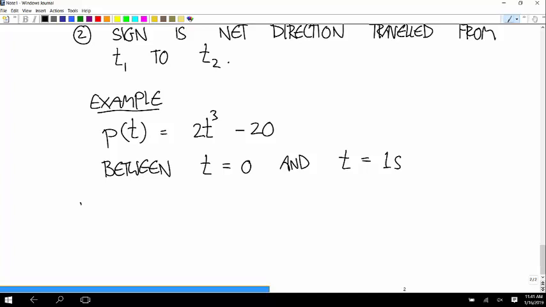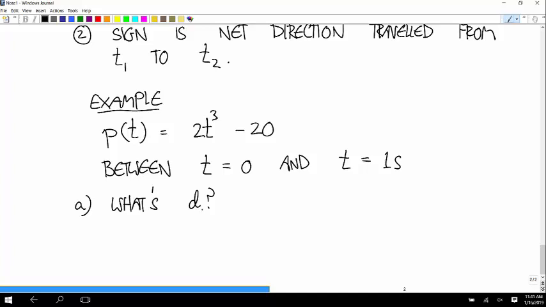Okay. First, what's the displacement? We're going to just come up with numeric values for all this stuff.